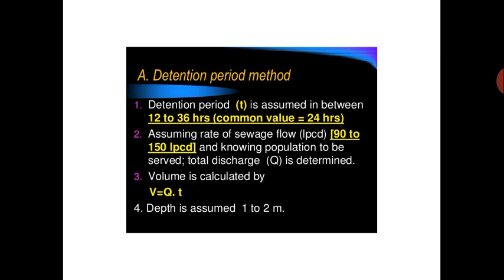Assuming the rate of sewage flow is 90 to 150 LPCD, and knowing the population to be served, the total discharge is determined. Then V = Q × T, where Q is the discharge, in either meter cube per second, meter cube per minute, liter per day or liter per second, and V is the total volume of the tank.